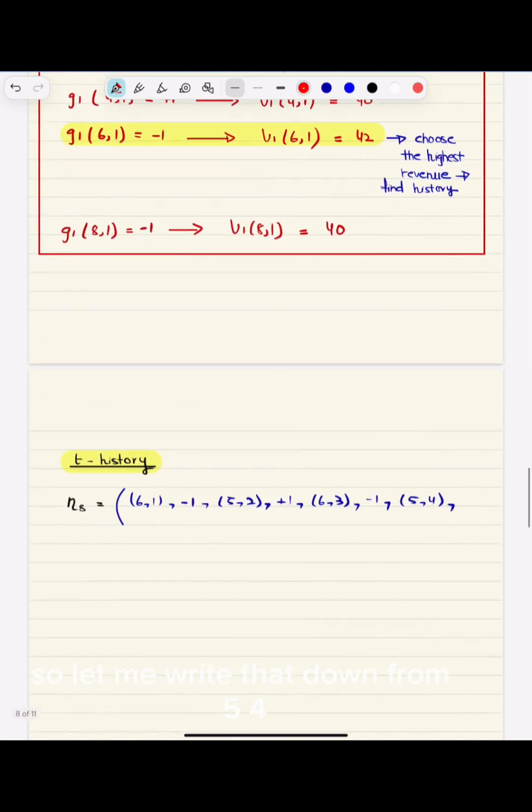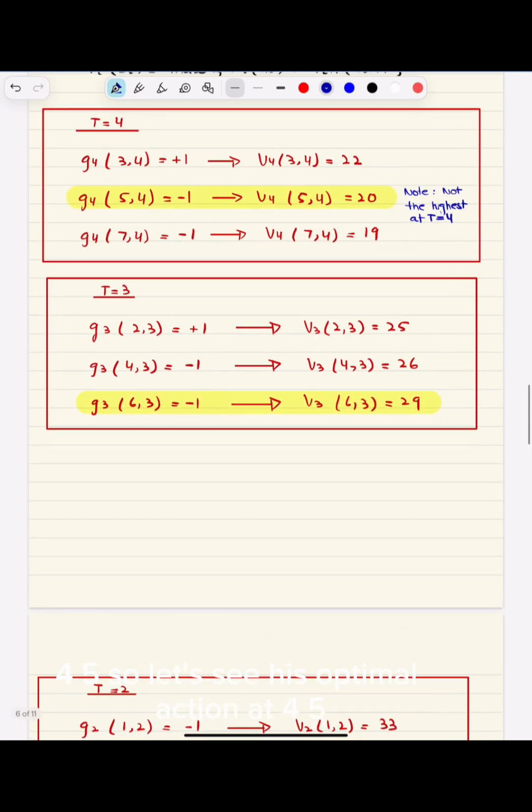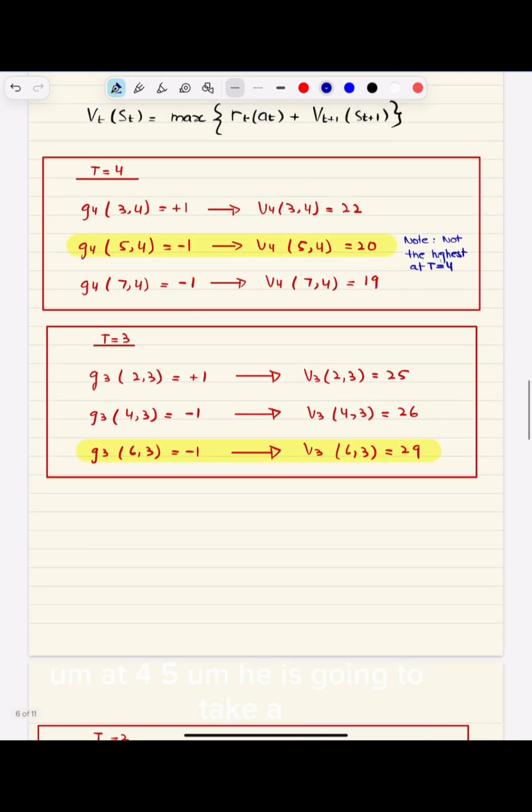So let me write that down. From 5, 4, when he takes a left, he's going to end up at 4, 5. So let's see his optimal action at 4, 5.